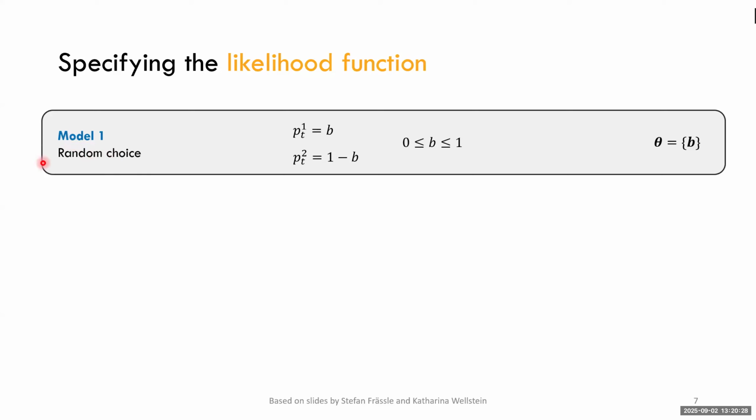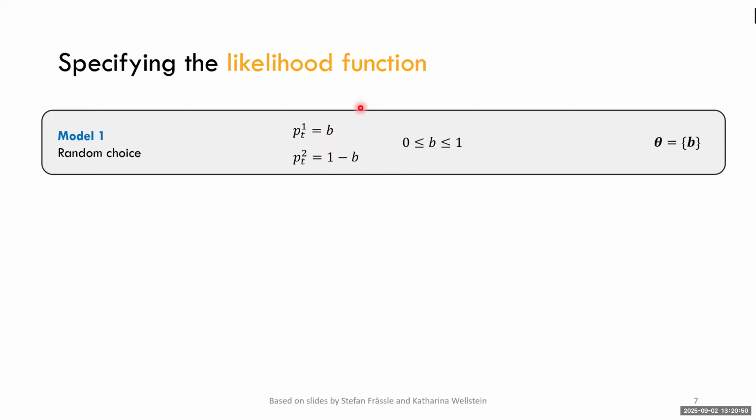And so this is a random choice model. It only has one parameter here, and this parameter is purely just the probability that you will choose slot machine 1 over slot machine 2. And so that's why you have this 1 minus b here, because it's just the converse of this. And it's a probability, so it's between 0 and 1.